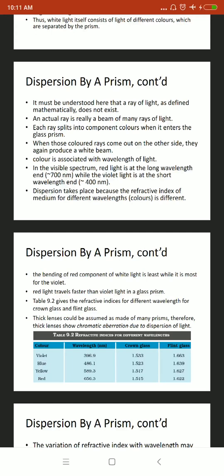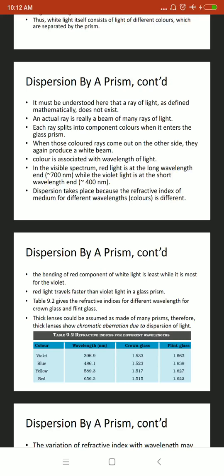So we can say that red light can travel faster than violet through the glass prism. In the table, it gives the refractive index for different wavelengths for crown glass and flint glass. Thick lenses can be considered as made of many prisms, and thick lenses show chromatic aberration due to dispersion of light.